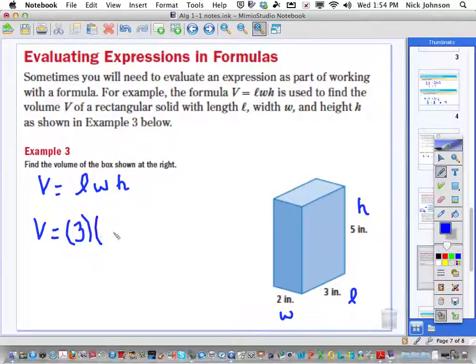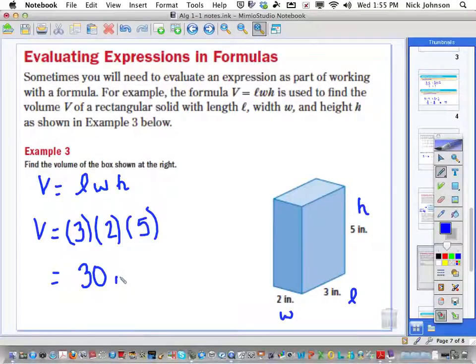My width is 2, and I put parentheses around it just so I keep them separate, and I know that they're multiplying. My H is 5. Well, 3 times 2 is 6. And 6 times 5 is 30.